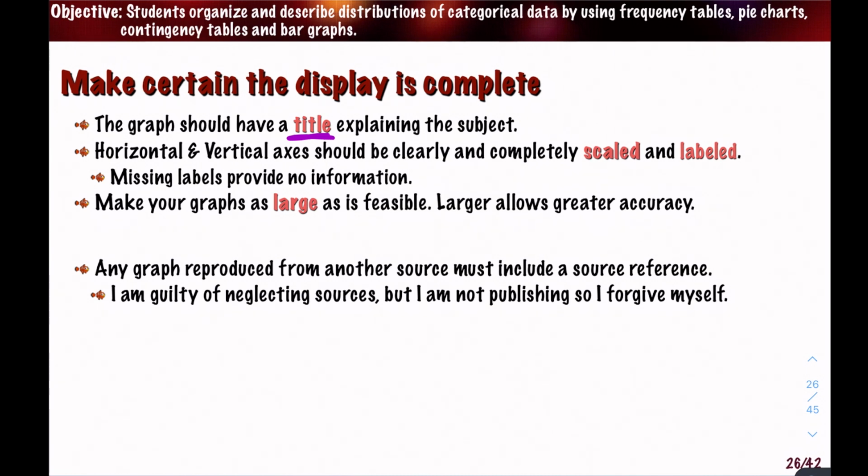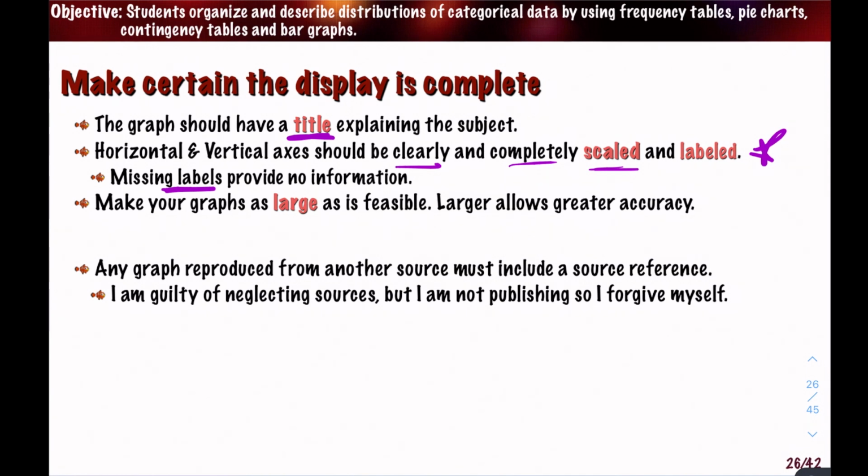You need to label the horizontal and vertical axes clearly and completely, properly scaled and labeled. If you omit information or are missing labels, you are not providing that information. Just think down the line if you're taking the AP test: they're not going to assume you know what you're doing, so be as explicit as possible.